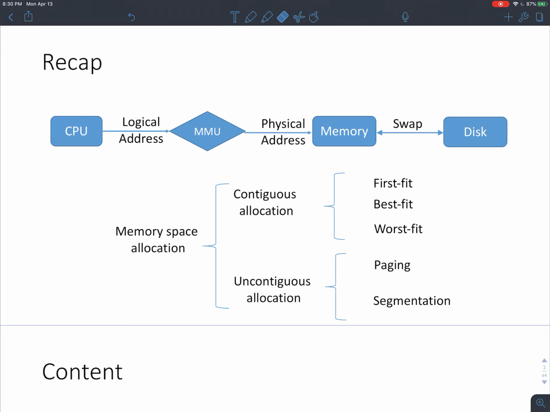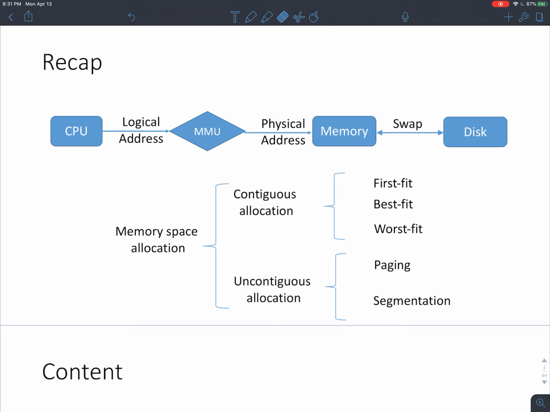So last week the most important picture is over here. We learned two new concepts, which are the logical memory and physical memory. Physical memory is pretty much like the actual RAM that you have on your computer, while the virtual memory or logical memory is something of imagination.